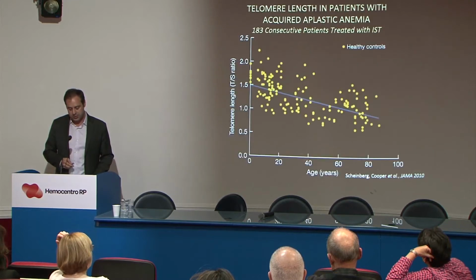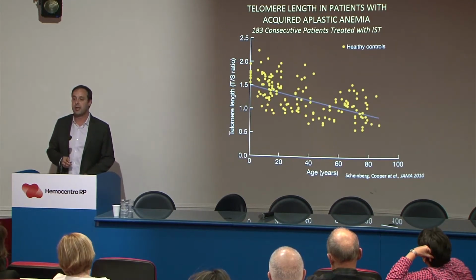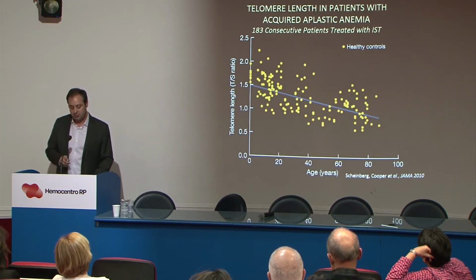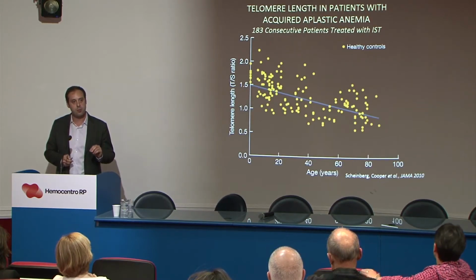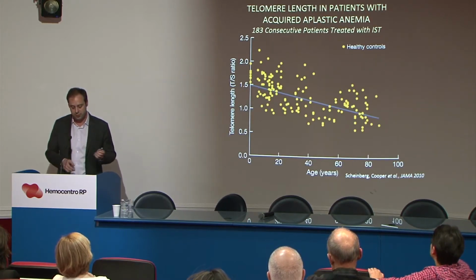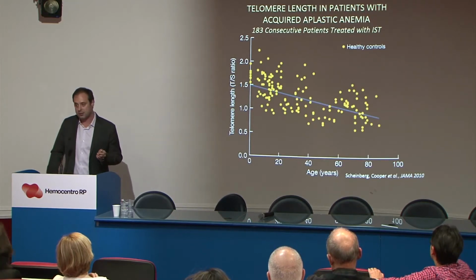And in fact, patients that I'll show you here with aplastic anemia might evolve to myelodysplasia or AML, and telomere length is probably the molecular mechanism by which these patients evolve to malignancy in the context of an immune disorder.